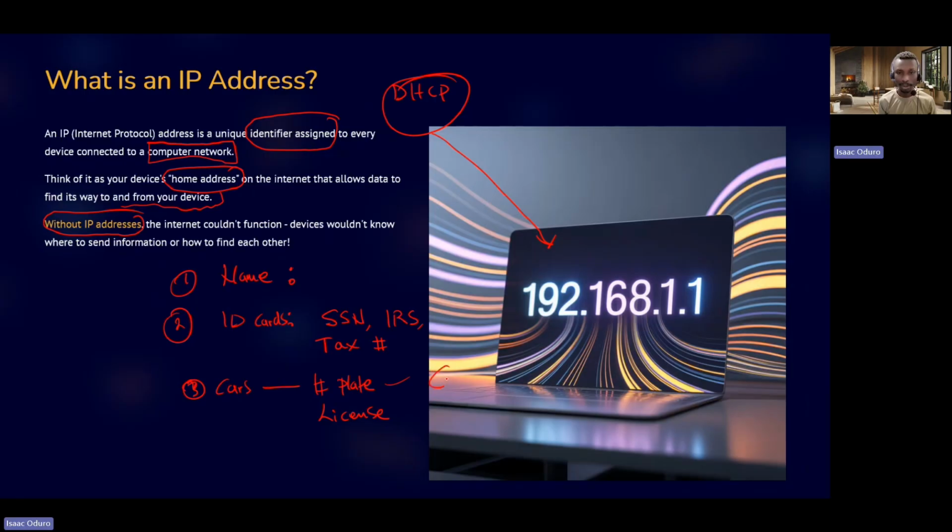Cars come with models, and then also they come with types. So if you look at all these, you'll be able to identify the type of the car, the model of the car, the number plate, and then the driving license that the person has to make that person unique from all other cars that are on the street.